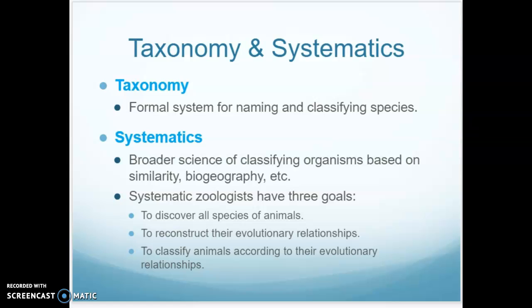So that hasn't happened yet because species keep evolving and changing, and they keep finding ways to go deeper in the ocean and such to find new species. They want to reconstruct the evolutionary relationships of those species, and they want to classify animals according to those evolutionary relationships. So discover all species, reconstruct how they're related, and then classify them based on how they're related. Makes sense, right?